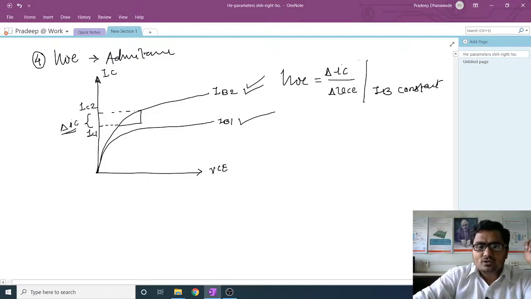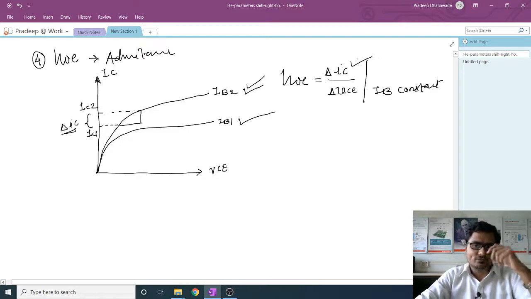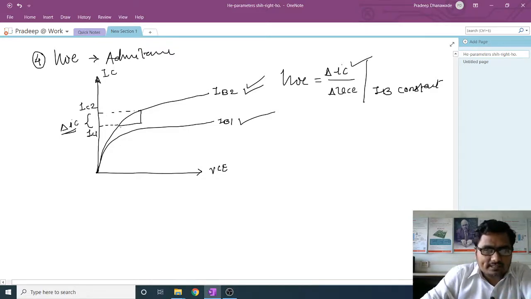So the numerator part is clear from HOE. What is there in the denominator? It is VCE, the output voltage. So let me drag those points here on the x-axis. And this will show delta VCE. Let me call this VCE2 and this VCE1.